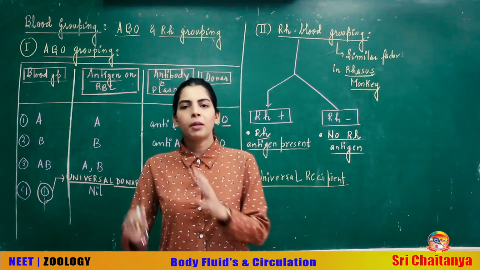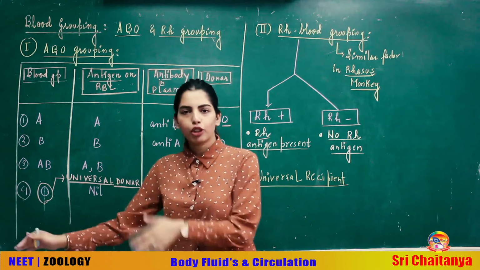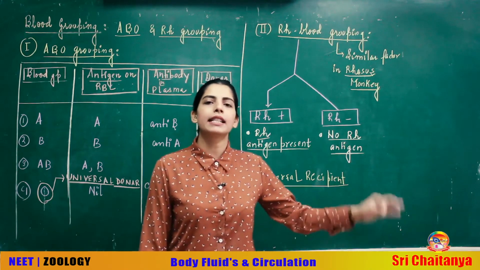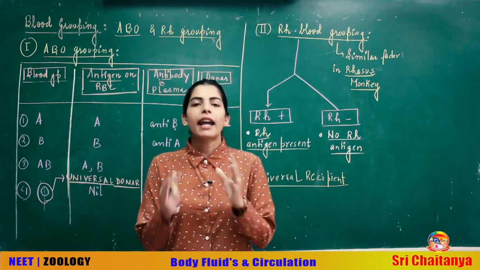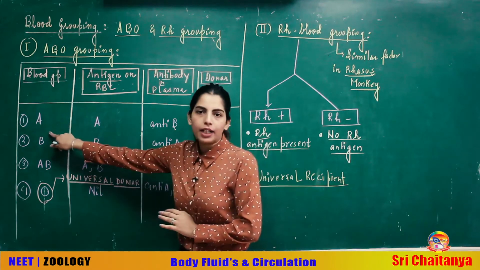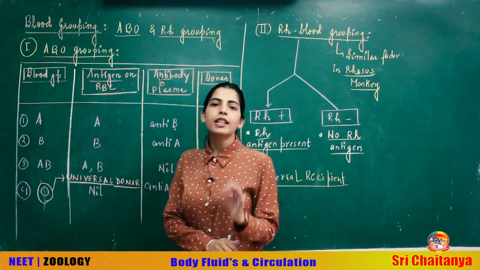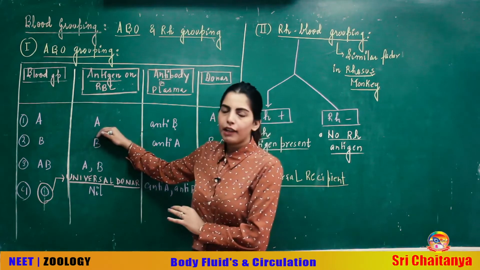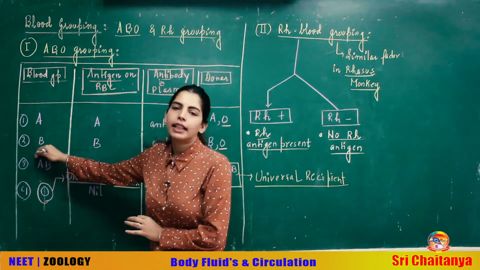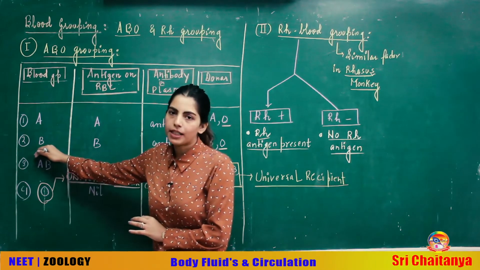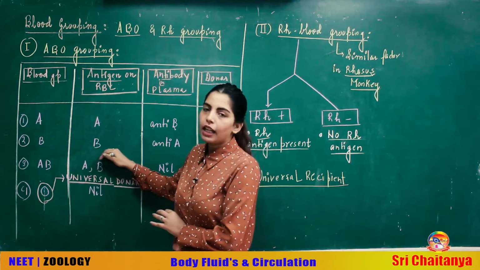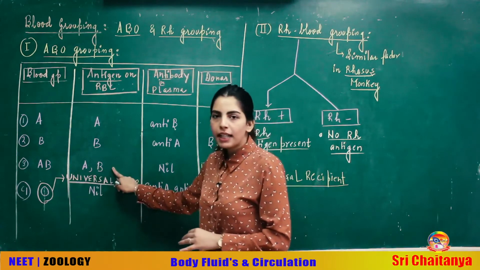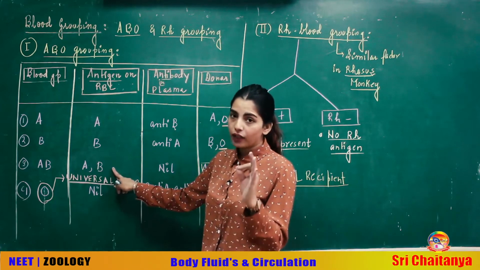If I say the person is having X blood group, remember the antigen on the surface of RBC will be X. If I am saying the person is having A blood group, that means the antigen on the surface of RBC of such a person will be A. If I am saying B blood group, then the antigen on the surface of RBC of that person is B. If I am saying AB blood group, then both A antigen and B antigen are present on the surface of the RBC.